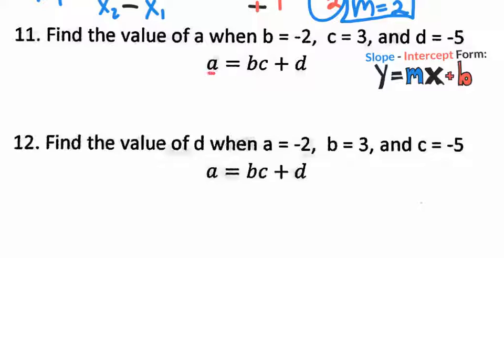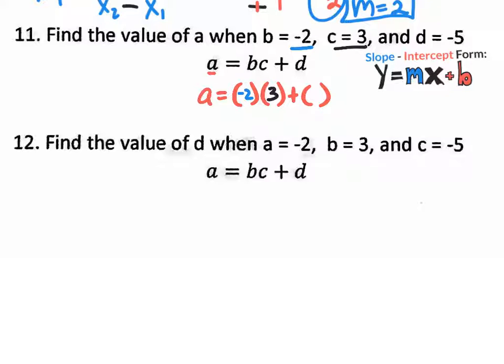So I need to find out what A is, knowing A equals B times C plus D. I always recommend putting parentheses in place of the letters, so you could plug in your values. So we're plugging in the B value of -2 right here. We're plugging in the C value of 3 right here.